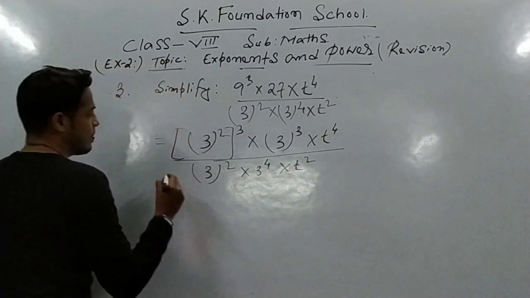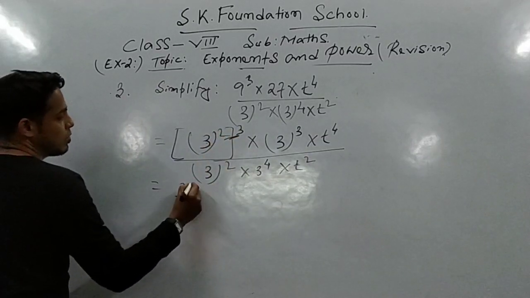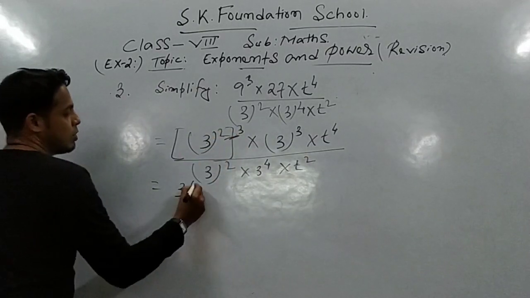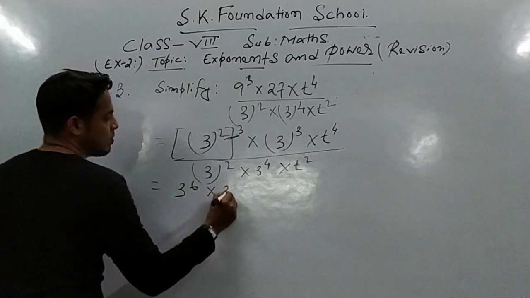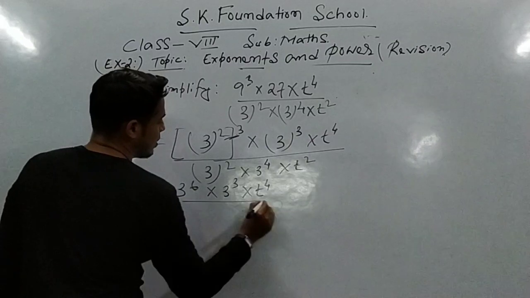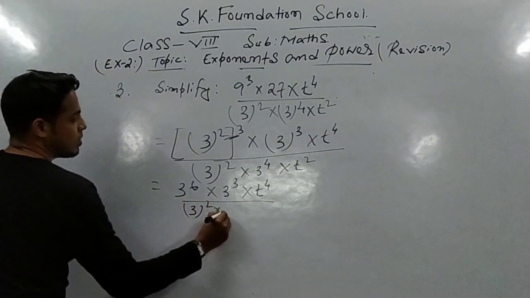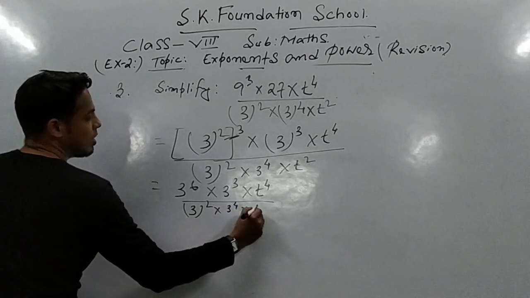Okay, so these two powers they are multiplied, so 3 to the power 6 into 3 cube into t to the power 4, right? This one 3 square, 3 to the power 4 and t square, right?